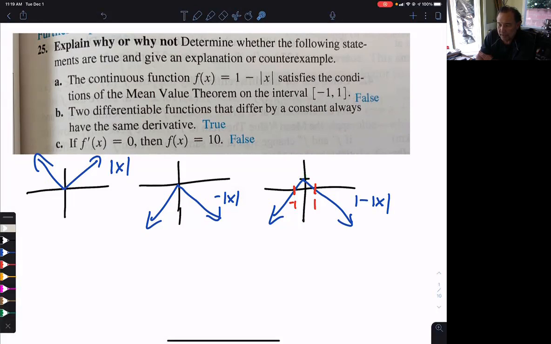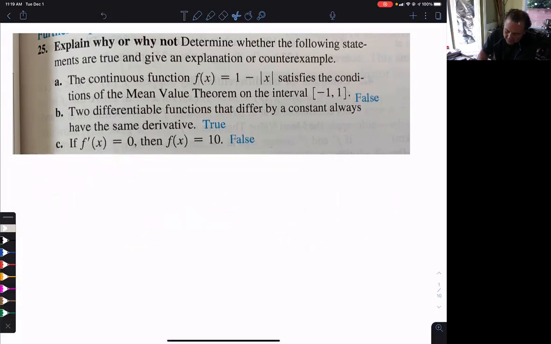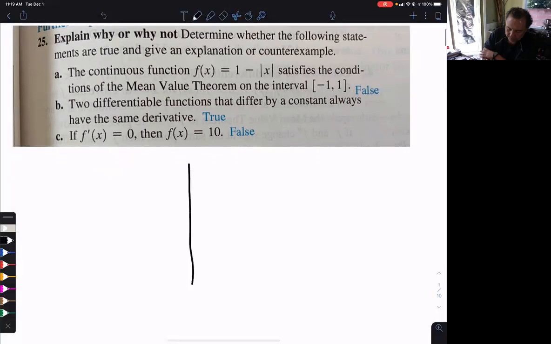Part B: two differentiable functions that differ by a constant always have the same derivative. Okay, let's talk about this. What happens when two functions that are differentiable differ by a constant? I'll show you an example.